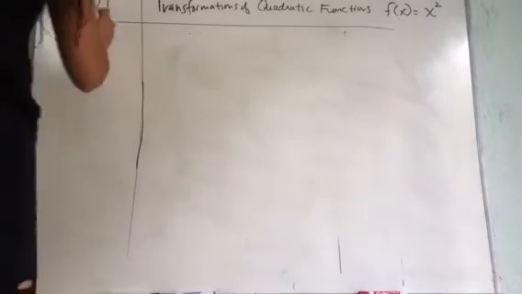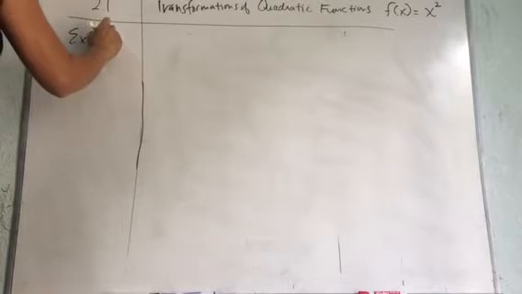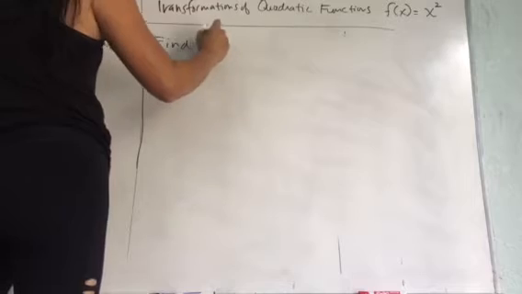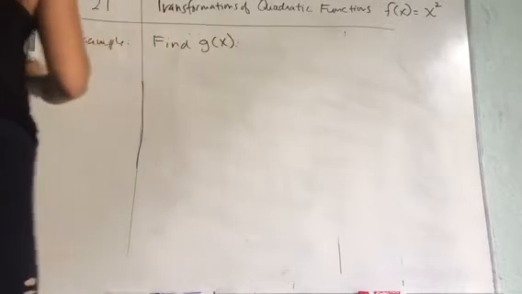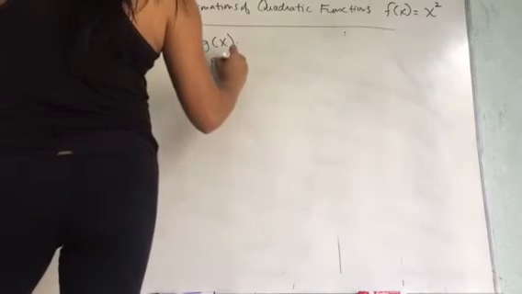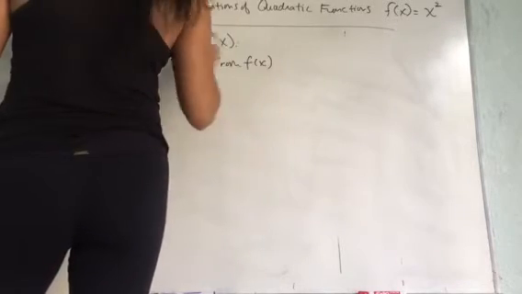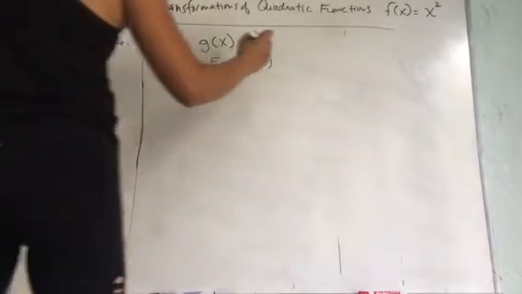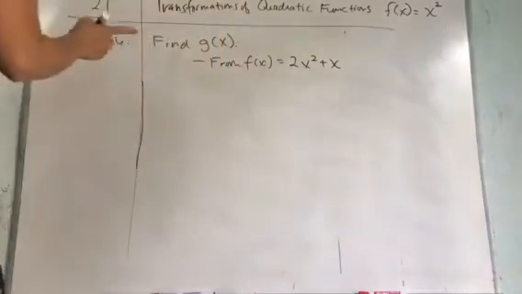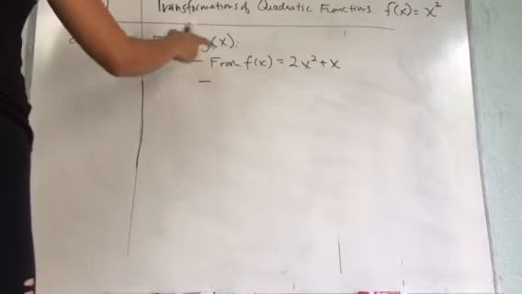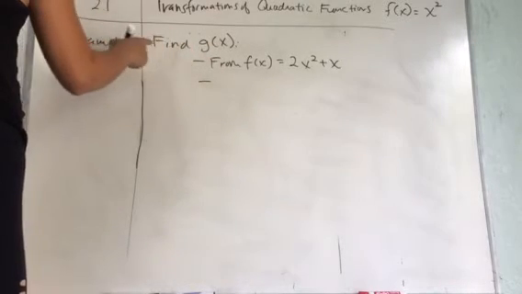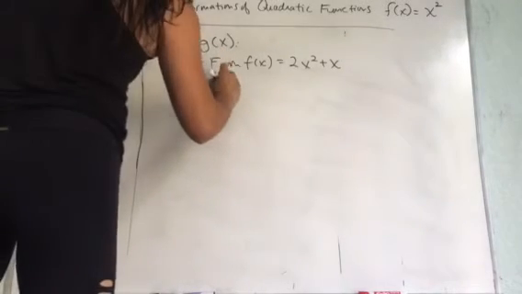So we want to find the function g of x. And we know a few things about it. We know that it comes from f of x, which is 2x squared plus x. We also know that in order to transform f of x to g of x, we need to translate it 4 units to the left.